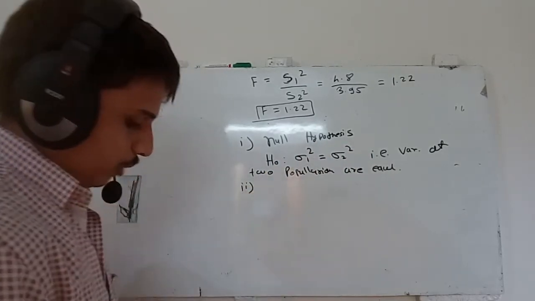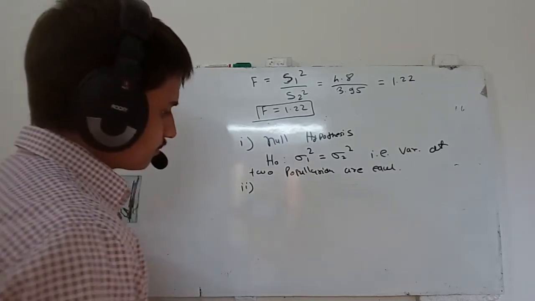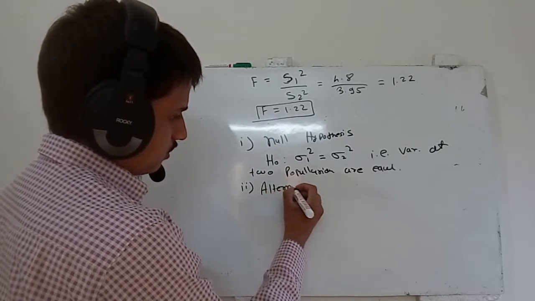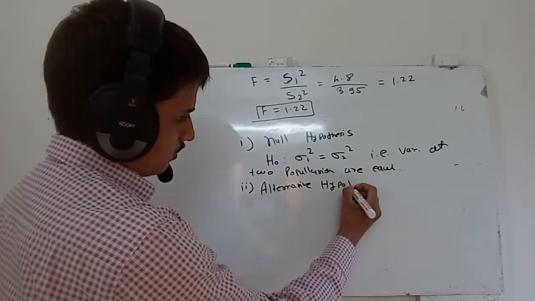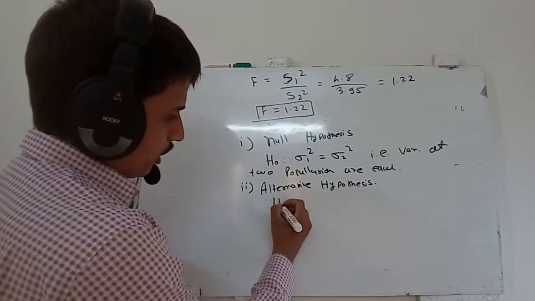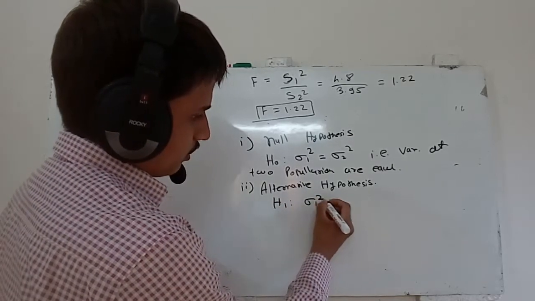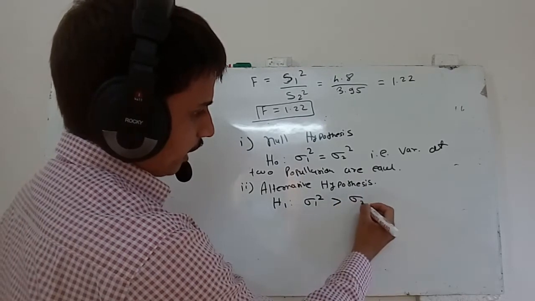So we'll move to rule number 2, that is alternative hypothesis. We'll denote it by H1. It says that first variance is greater than second variance.